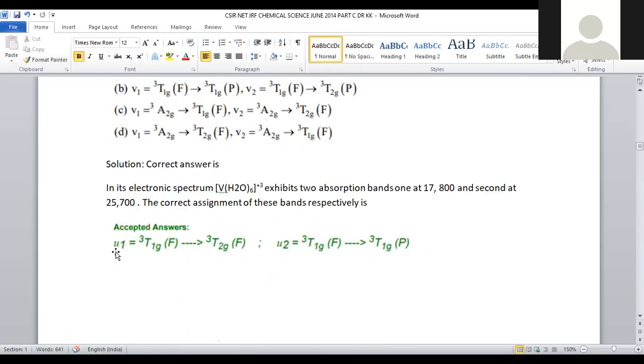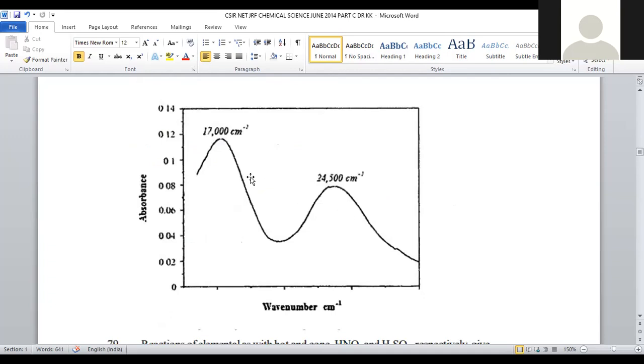And the possible transition is, for nu1, the first transition, 3T1G F can be excited into 3T2G F. 3T1G is excited into the next level 3T2G. Then nu2, 3T1G F, can be excited into 3T1G P. So this first kind of transition corresponds to 17,800. And the second type of transition, 25,700, is clearly depicted in the diagram. In the plot of absorbance versus wave number, we got two curved signals.